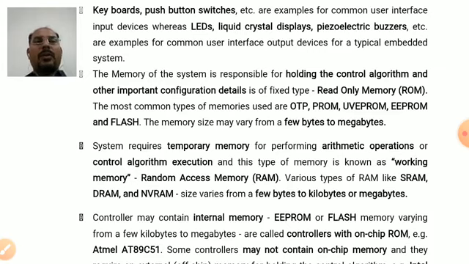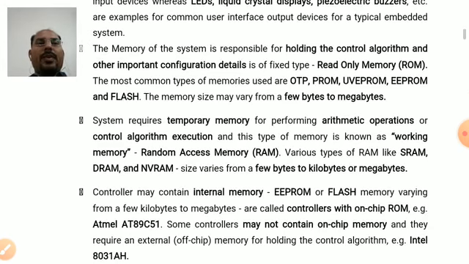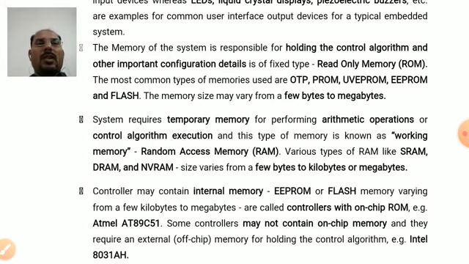They are OTP, one time programmable, PROM, programmable read only memory, UV-PROM, ultraviolet erasable PROM, EEPROM, electrically erasable PROM, and the flash type. The sizes of these memory varies from few bytes to the megabytes.